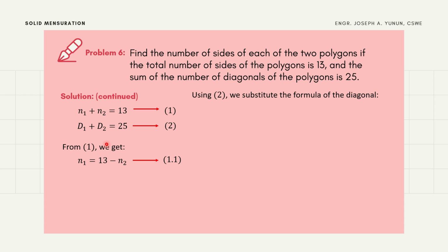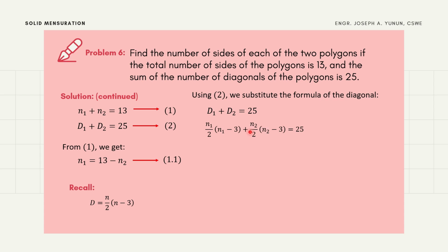Now using equation 2, this one, D1 plus D2 equals 25, we substitute the formula of the diagonal. So recall your formula for the diagonal as this formula. If I have a subscript of 1, then this should be n1 and D1. If that is 2, diagonal 2 for the number of sides of the second polygon.